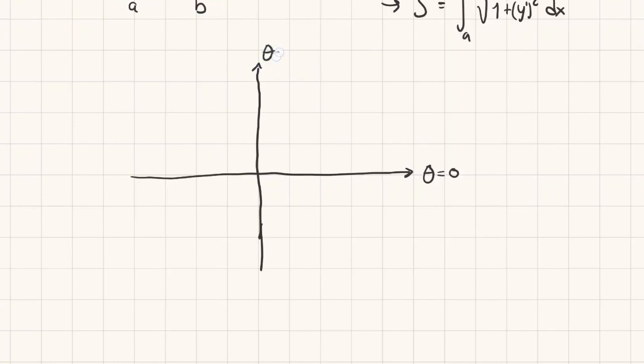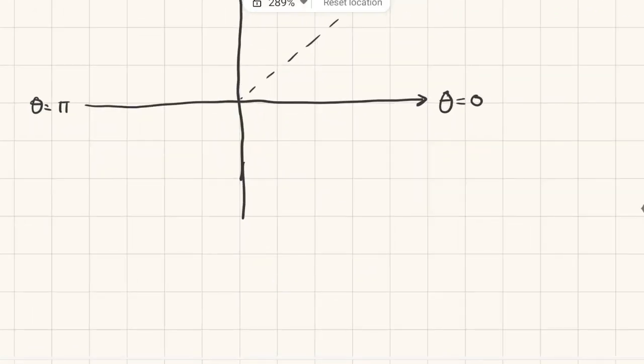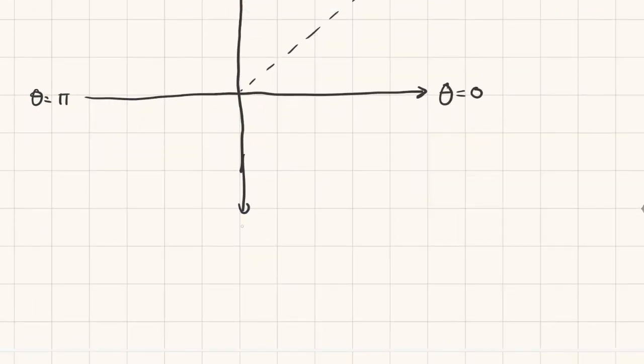Then this will be theta equals to pi divided by 2. Then we can draw maybe an imaginary line here that corresponds to theta equals to pi divided by 4, and then maybe here it will be theta equals to pi, and then here we will have 3 pi divided by 2, right?